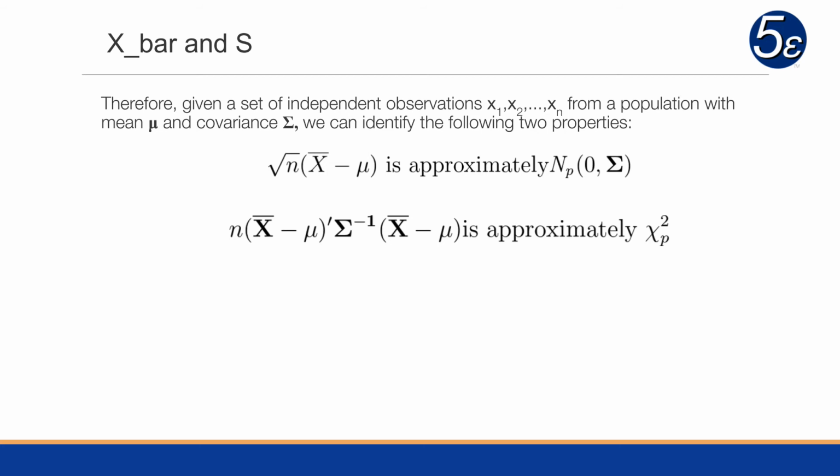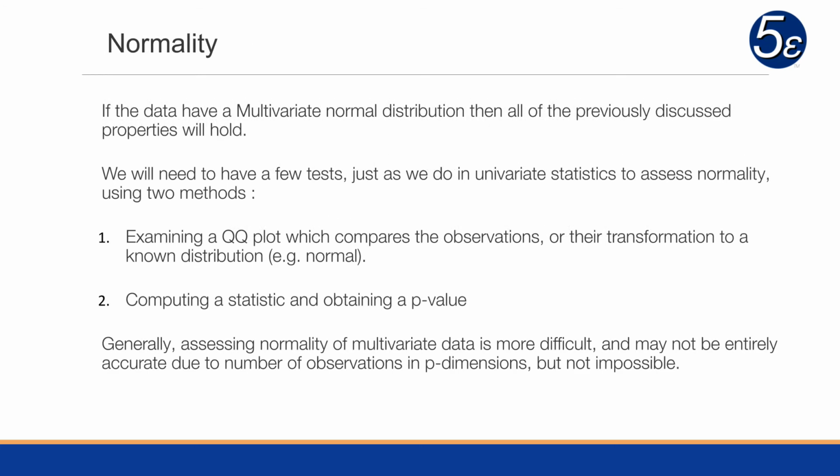Further, n times the mean vector of our sample, denoted by x bar, minus mu, our population vector, transpose, times our inverse covariance matrix, multiplied by our mean vector minus the population mean vector, is approximately chi-square distributed with p degrees of freedom. Thus, if the data have multivariate normal distribution, then all the previous properties will hold.